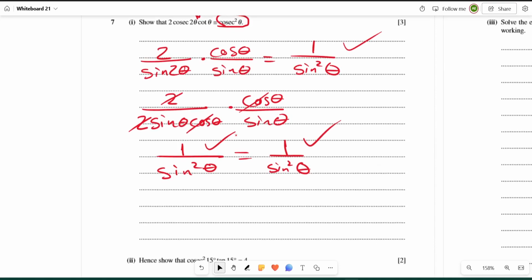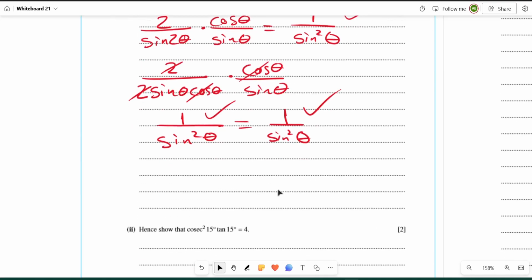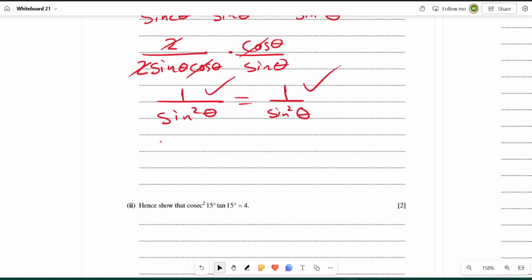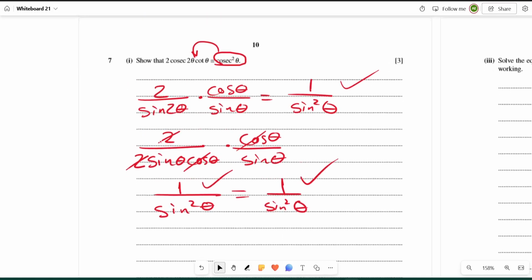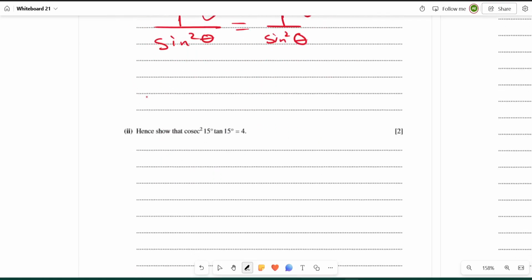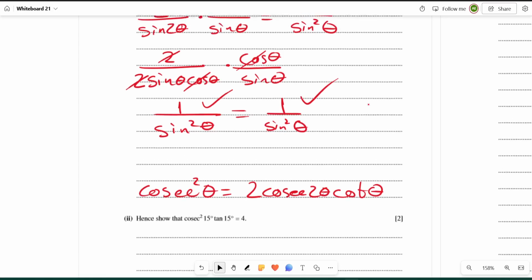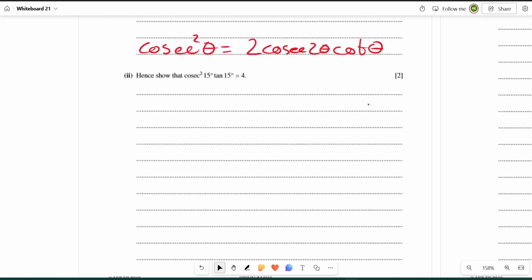Okay, so we said from the previous part, cosecant squared theta is equal to 2 cosecant 2 theta cotangent theta, right? So let's see how that will help us.